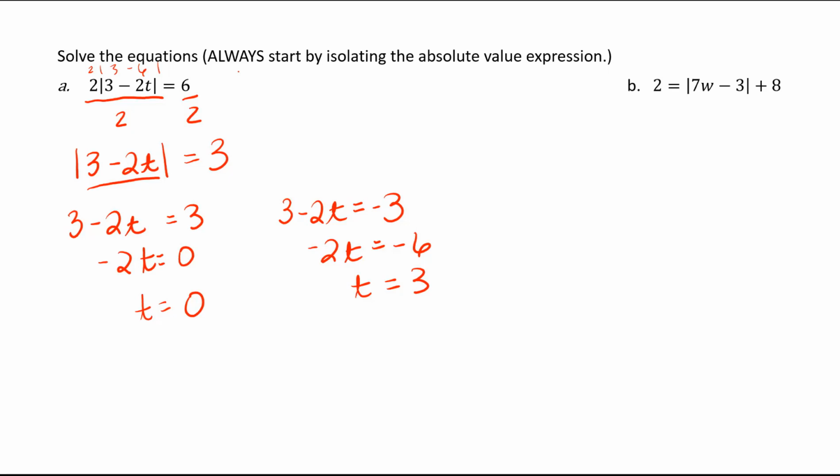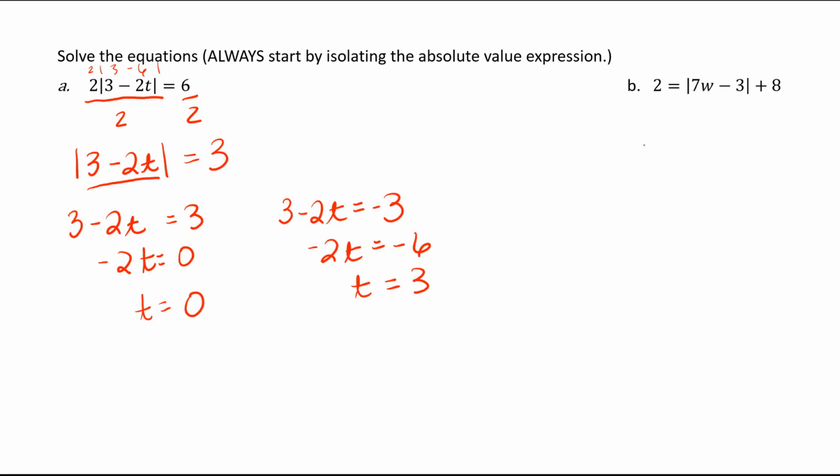All right, so the best thing to do is just to realize that if the absolute value of some quantity is equal to some positive number, then the quantity inside the absolute value must be that actual number or its opposite.